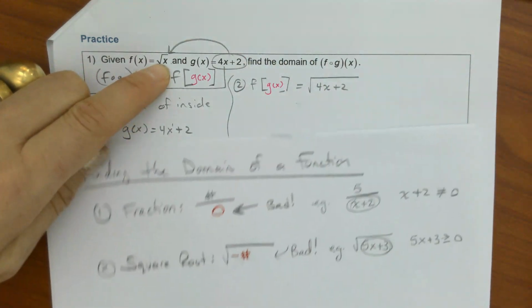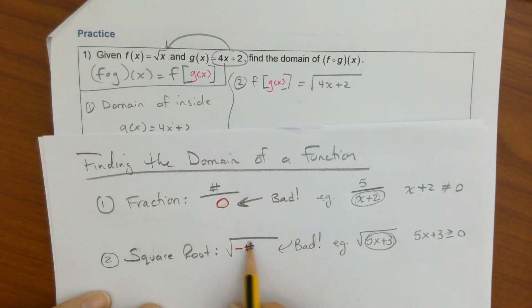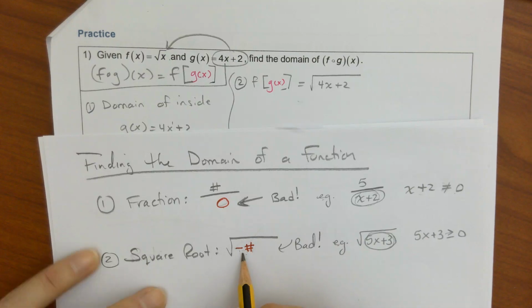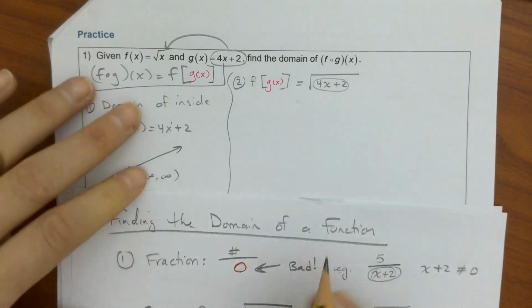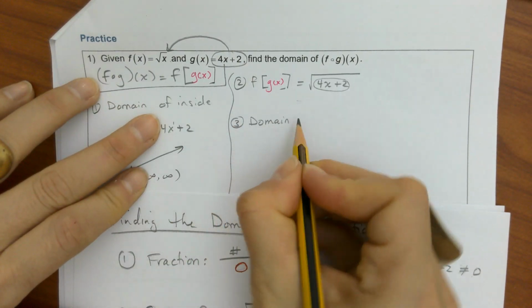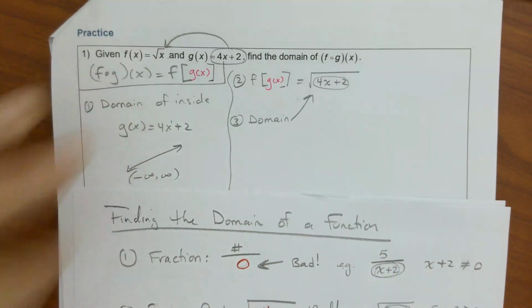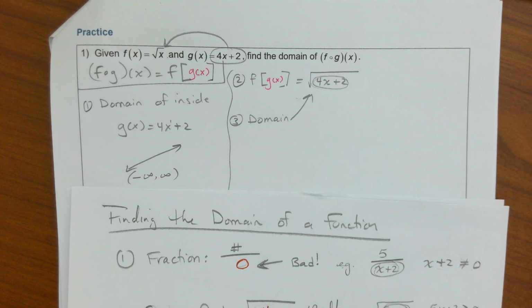So remember, when I have a square root, it's bad to have a negative number under here. It doesn't work. That's my restriction. So for step 3, find the domain of this. The restriction is, this has to be bigger than or equal to 0.